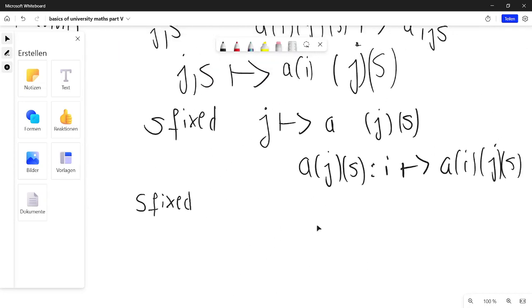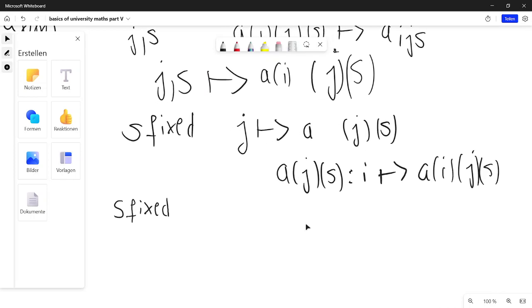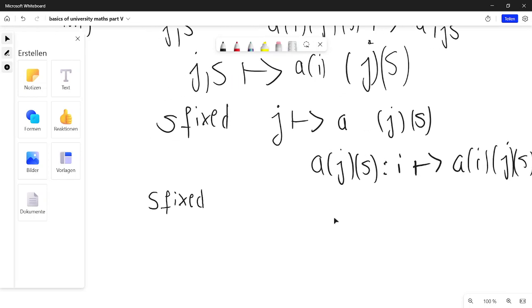Now S is fixed, but actually there are different S, right? All right. But for fixed S, we have to go through all the things that correspond to J's, right? But that is for fixed S. And this indicates S fixed. That's why this is a function.